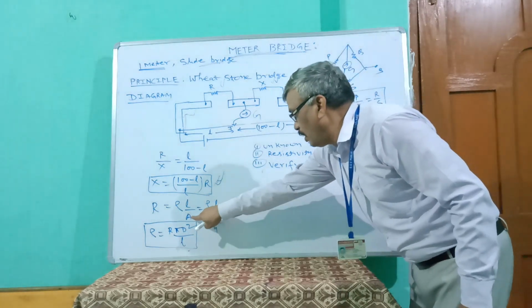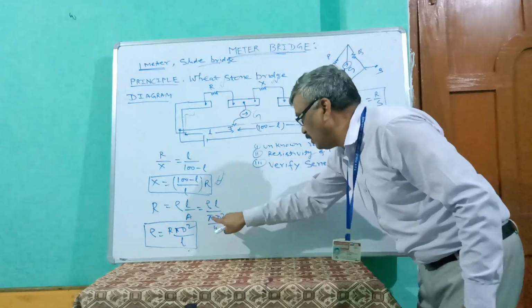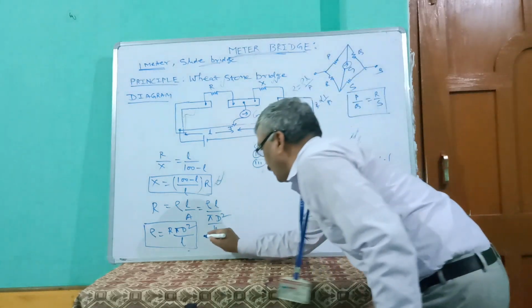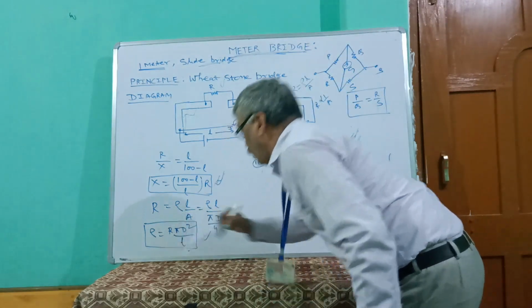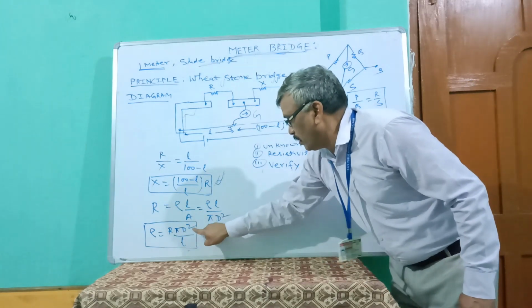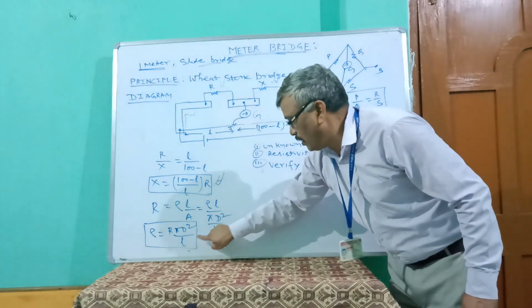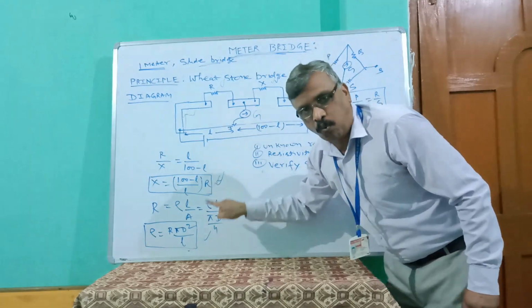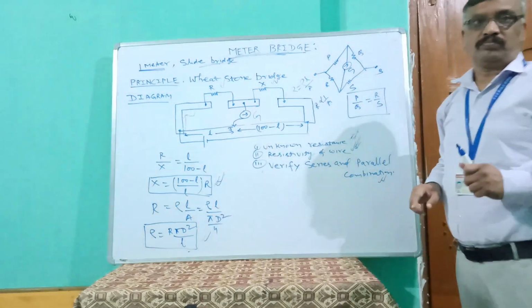Then in place of A, we write pi d square by 4. Now our result, the value of rho is equal to R pi d square by 4L. In such a way we determine the value of resistivity of the wire. Okay.